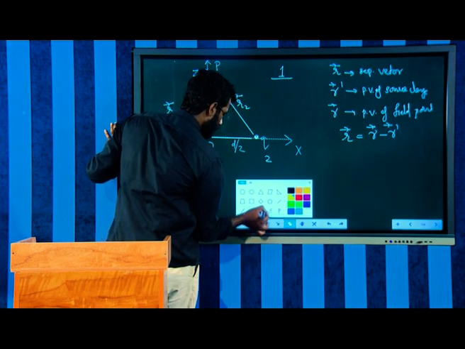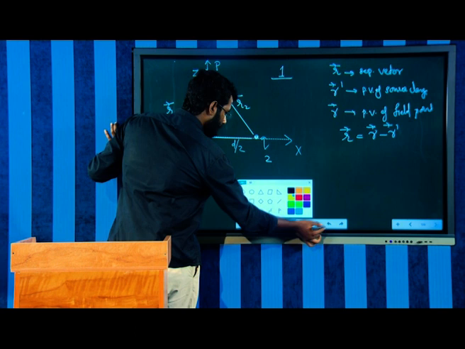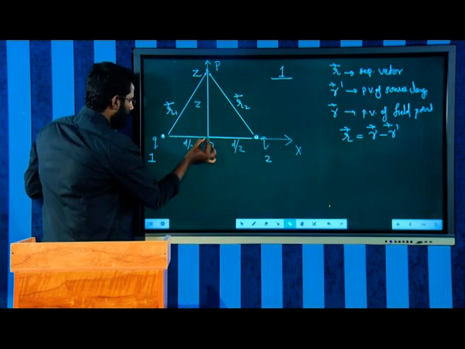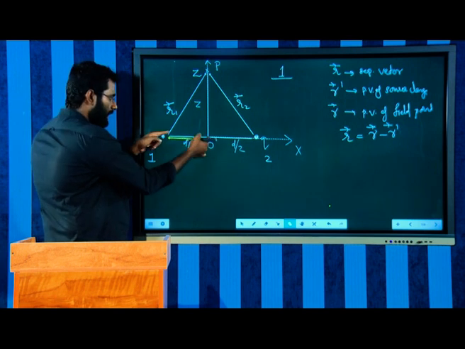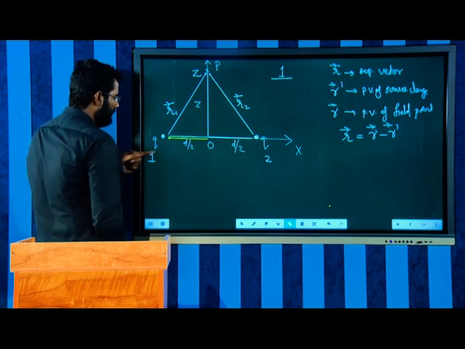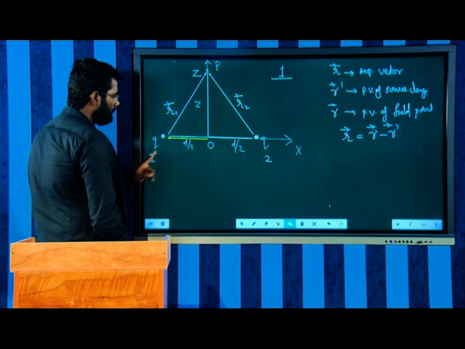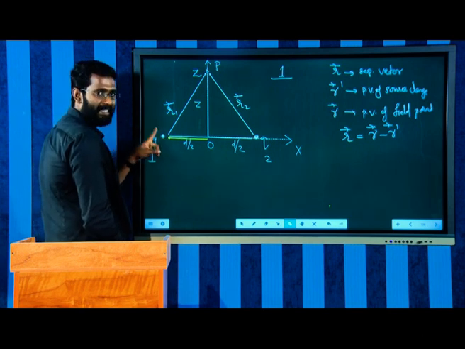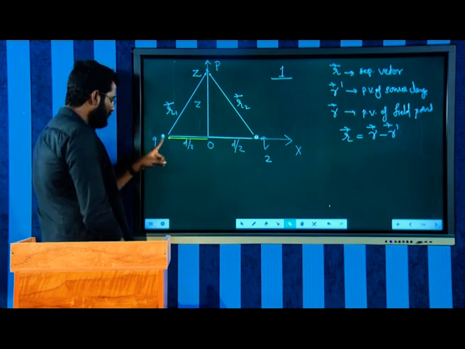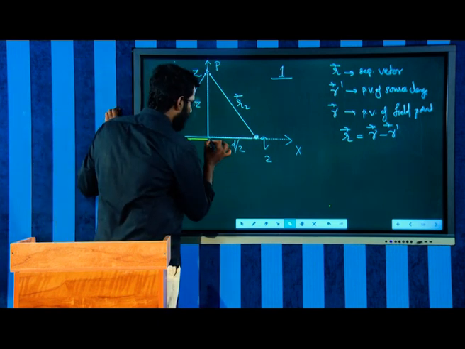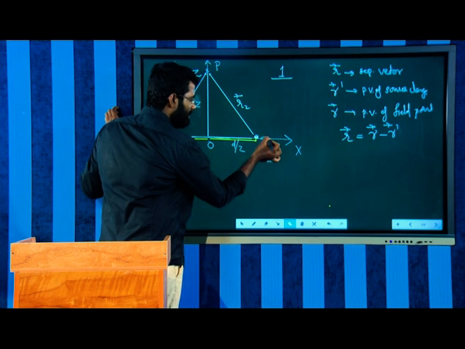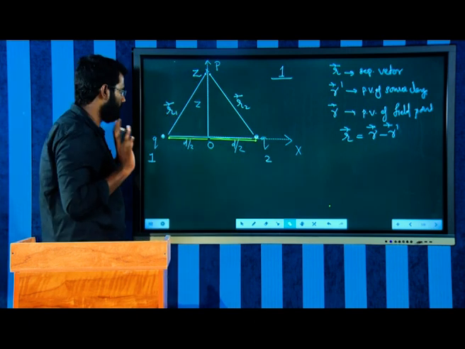Actually it is along this white line itself. So this line is called R1 dash, that means the position vector of this charge. Similarly, here we have another position vector for the second charge. So we got two of them.